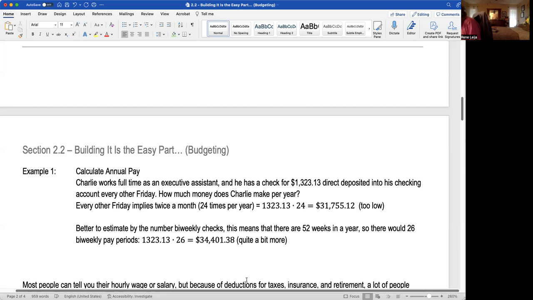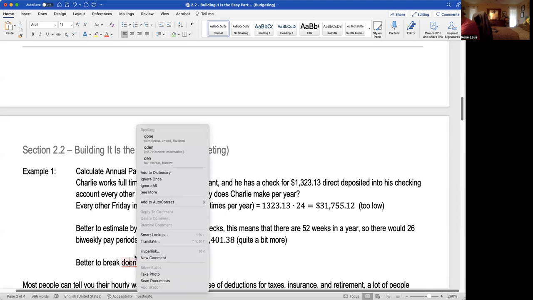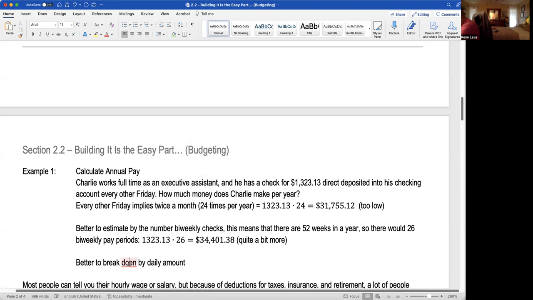So if he gets, better to break down by daily amount. Okay. So what I'm saying here, guys, is if he makes 1323 and 13 cents for every pay period, that's every 14 days, 2 weeks.